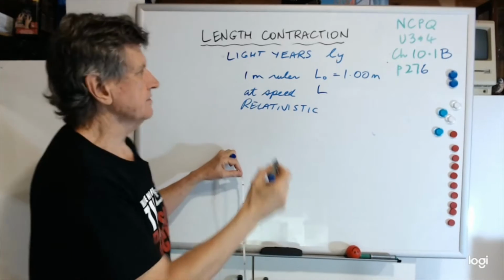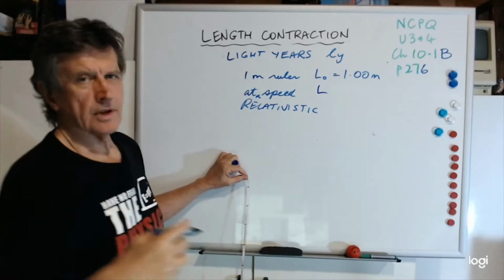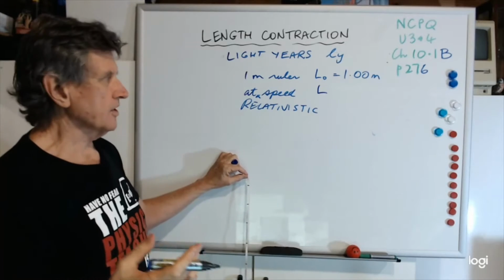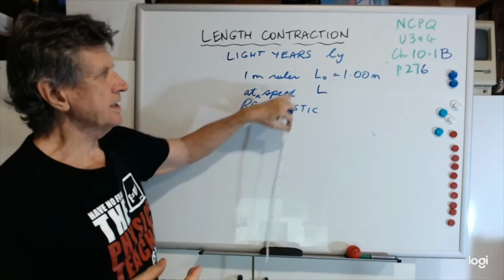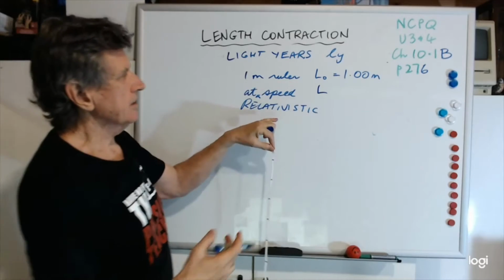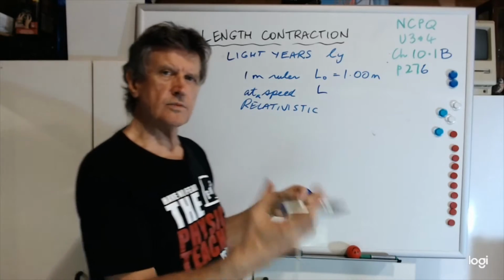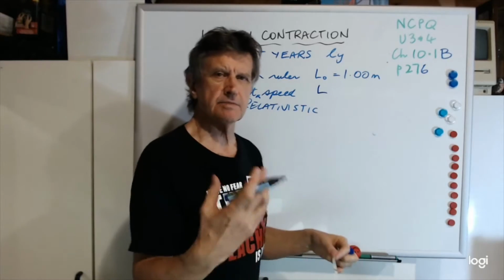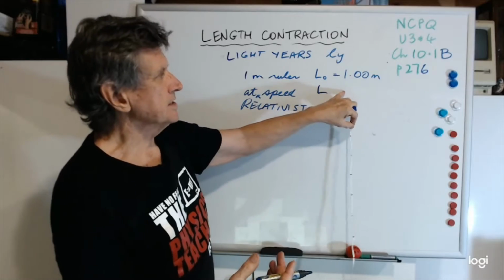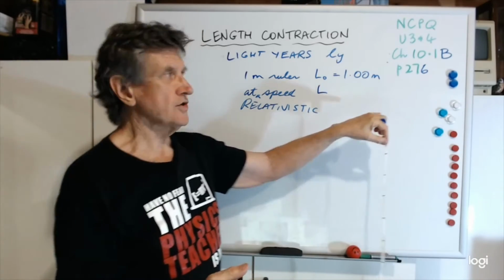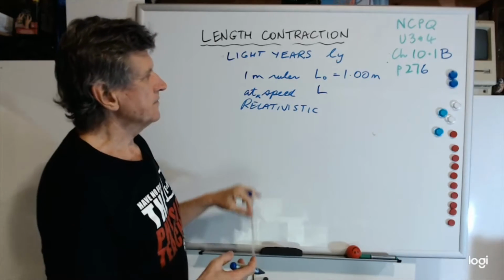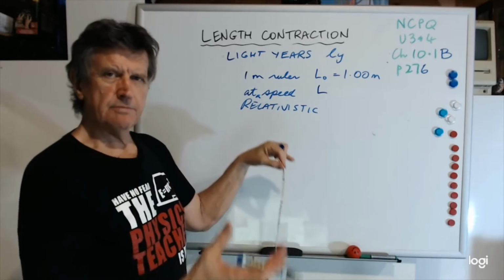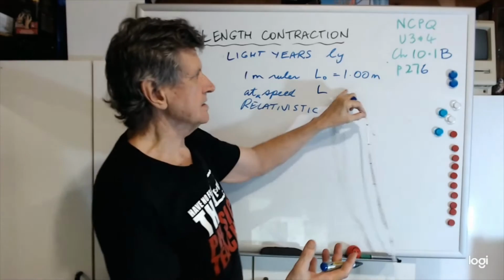Now, when we say relativistic speed, it's not really defined anywhere, but if you look at the effect of changing the speeds on L and L0, you'll find if you travel along at normal speeds, car speeds, plane speeds, rocket speeds, this would be still 1.00. It wouldn't change. You'd have to go a long way out of decimal places before you noticed a change. Once you get up to about 0.1 c, you'll start to see this change.